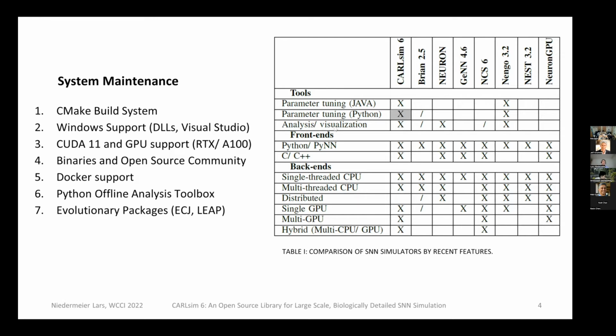We are able to create DLLs, Visual Studio, and most important, CUDA 11. And also there will be binaries, open source community, Docker support, and some other stuff like the Python offline analysis toolbox. On the right side, you see the feature list, and here are the more technical maintenance features.